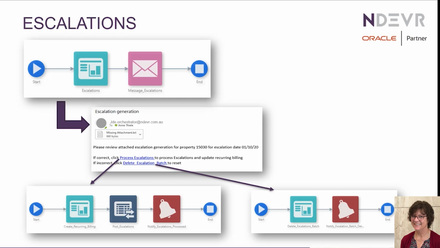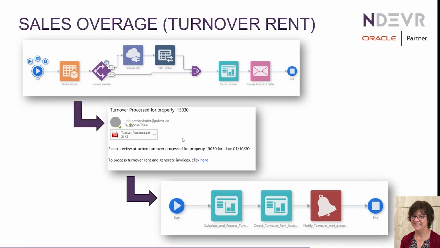Another area you might look at streamlining is the turnover rent. The turnover can be sent in by the tenant, maybe in a CSV form or any other format, and it can be automatically processed. You could possibly have the turnover rent process sitting in the automator. So orchestrator comes with an automator or a scheduler.